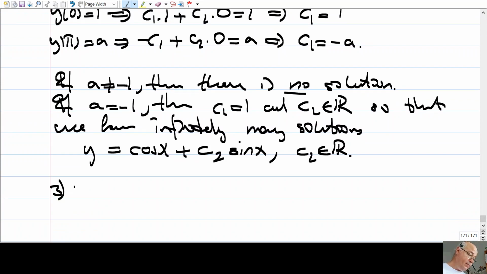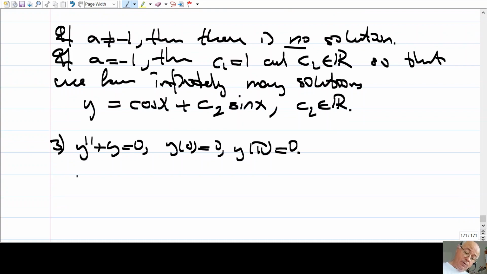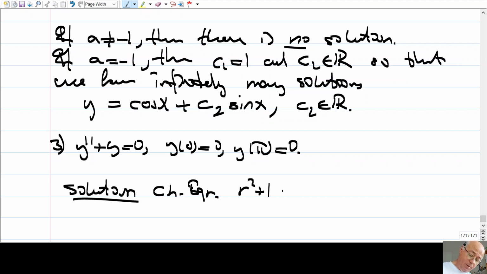Let's see another one. So again, the characteristic equation is just r squared plus 1.